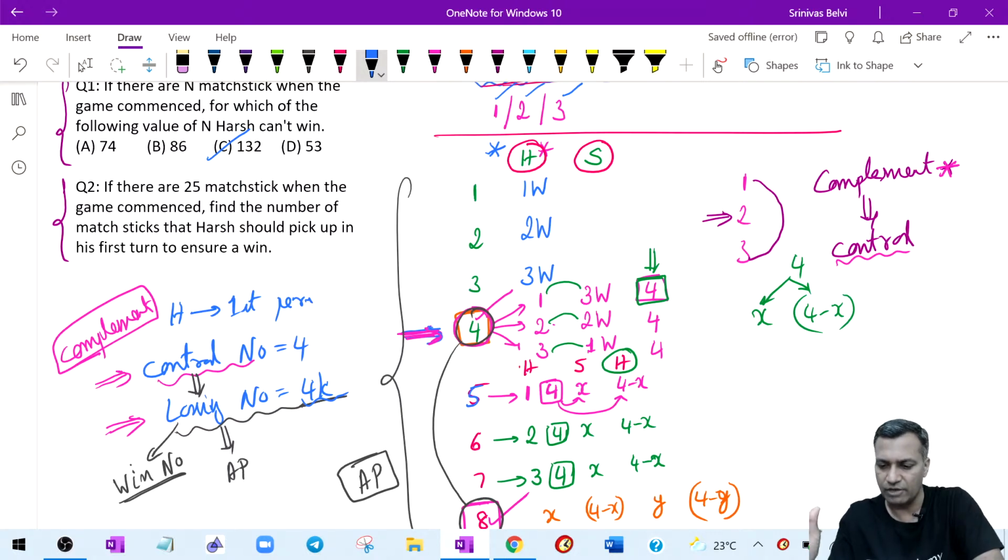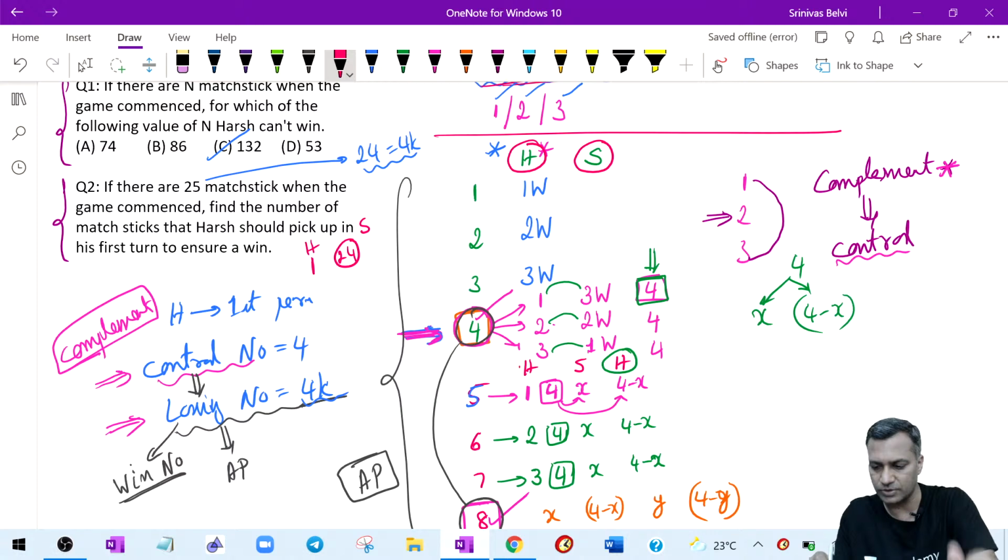Question 2. If there were 25 matchsticks when the game commenced, find the number of matchsticks Harsh should pick up in his first turn to ensure a win. So how does he ensure a win? 4k is a losing number. Out of 25, the closest 4k is 24. Put this in front of your opponent. Harsh should pick one and present 24 in front of the opponent.